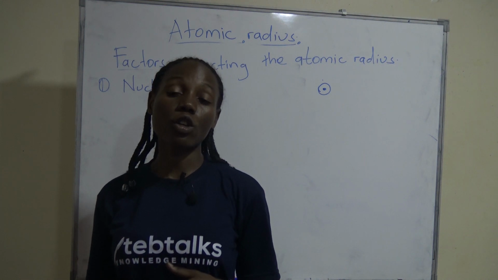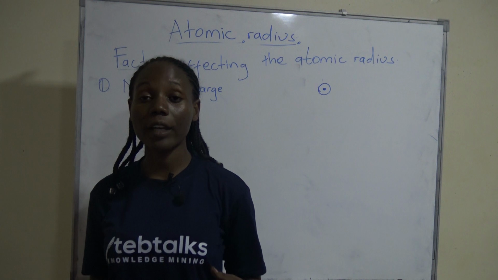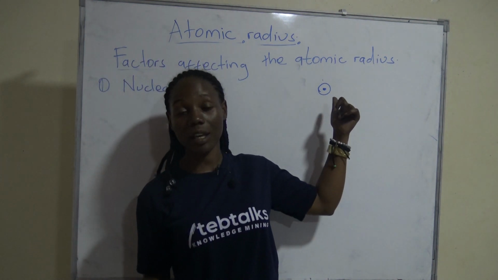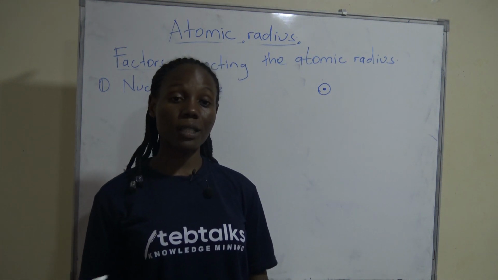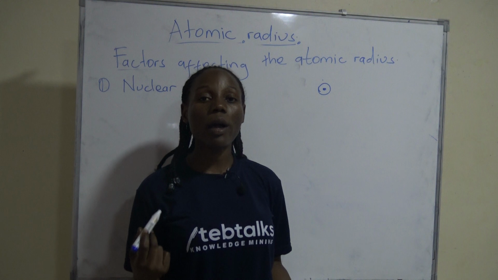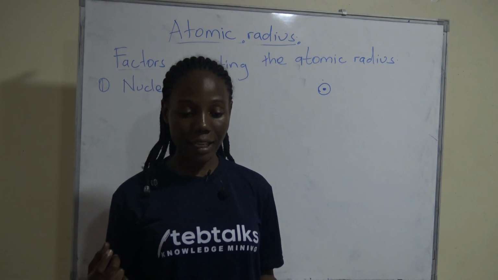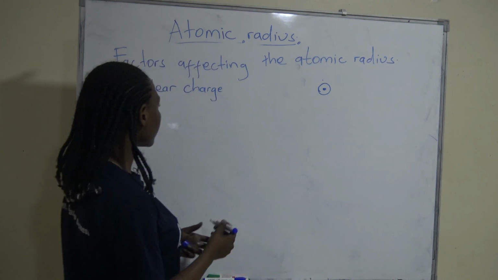Neutrons don't carry any charge, whereas protons are positively charged. So the protons give the nucleus a positive charge. That's why we are defining it as the attraction of positively charged nucleus for the outermost electrons.